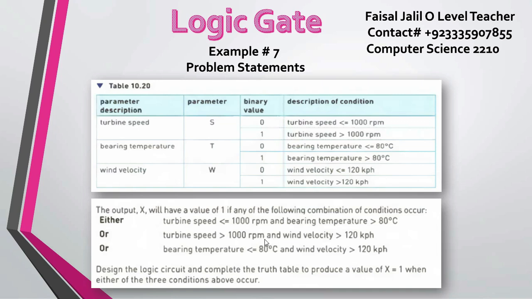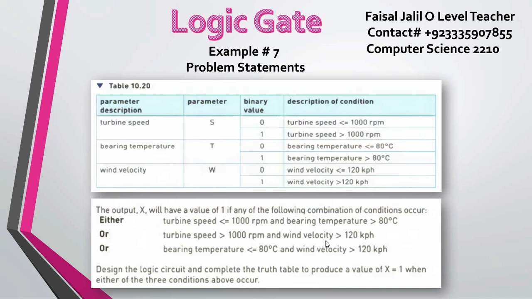After that, S is equal to 1, AND gate, again AND gate, wind velocity. Wind velocity is represented by W. Wind velocity is greater than 120 kph, so W is equal to 1.